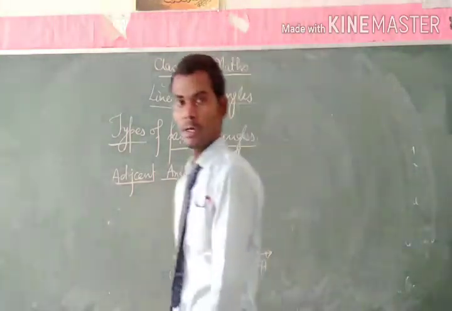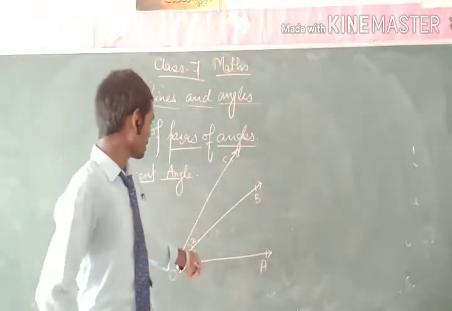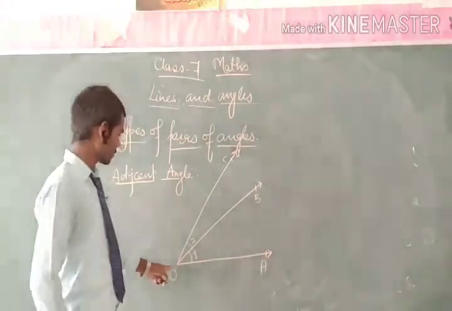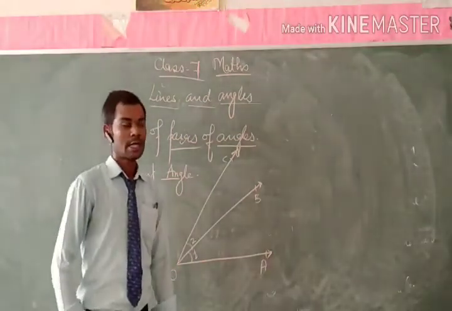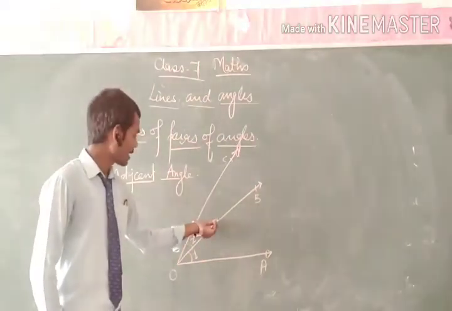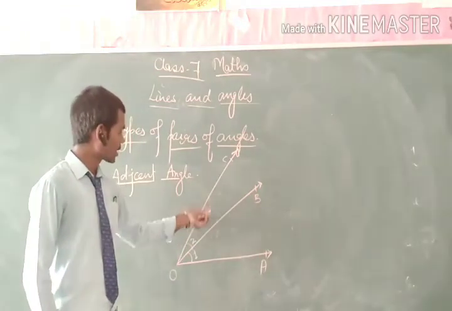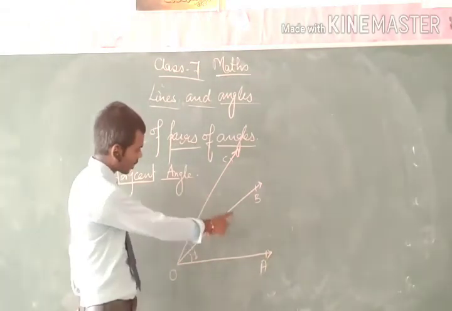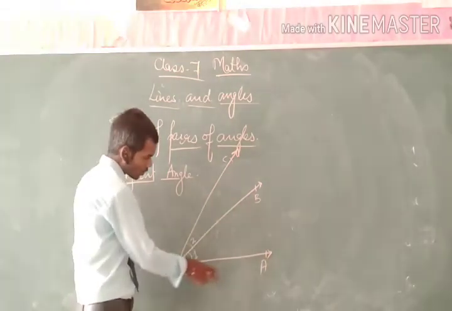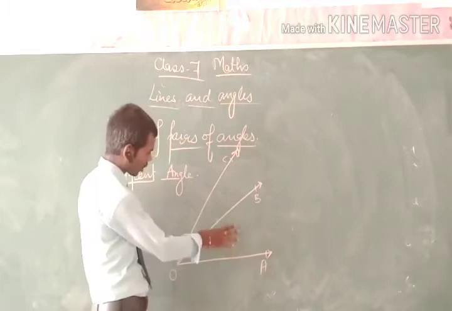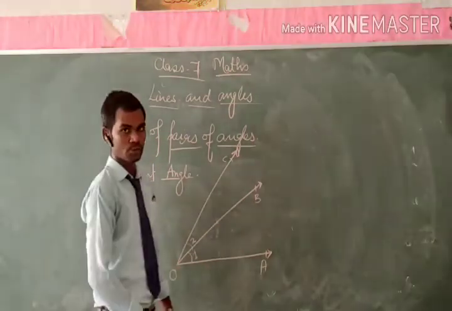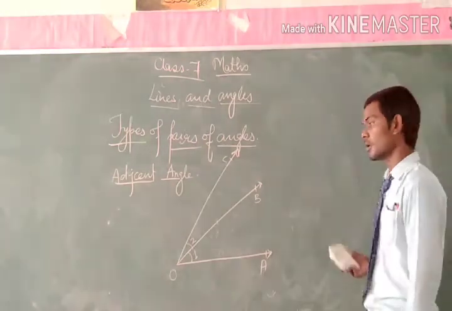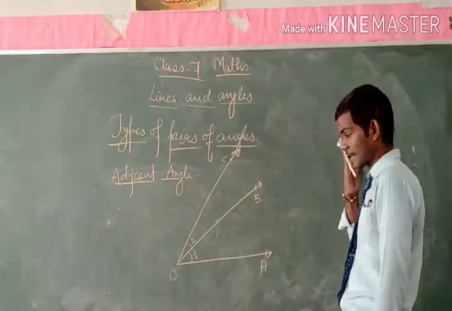In this figure, we can see that there is a common side, that is OB, and also a common vertex, that is O, and the other sides are opposite to each other. Here OC is the opposite side of OB, and OA is also on the opposite side of OB. Such a pair of angles is known as adjacent angles.